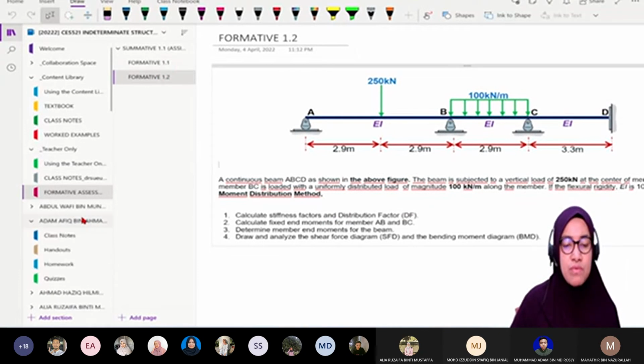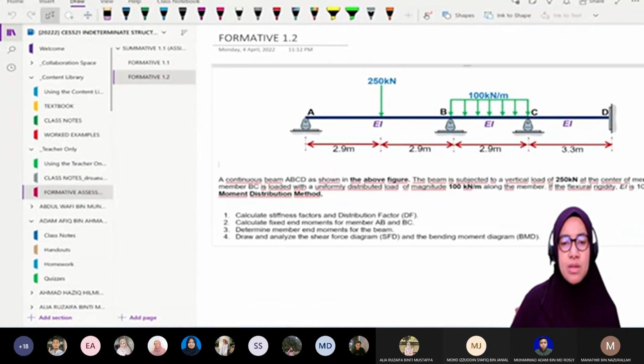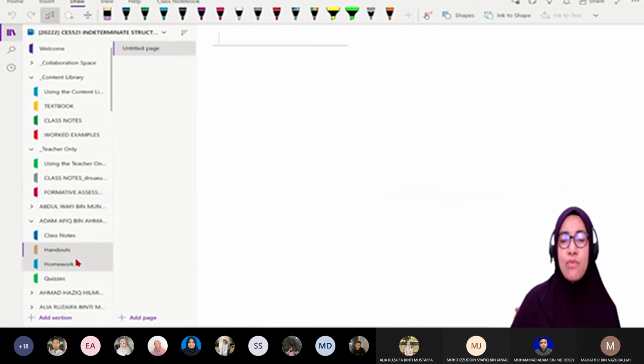So you punya folder ada apa dekat handout. Okay, formative 1.1 dengan formative 1.2, bukan dekat homework. Okay, dalam folder homework nanti I will distribute to you the formative.